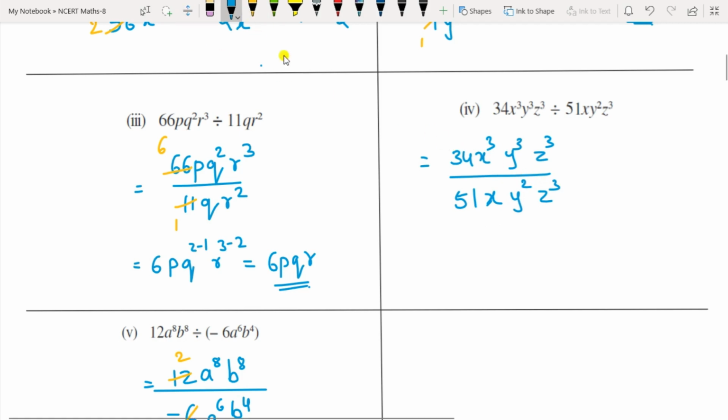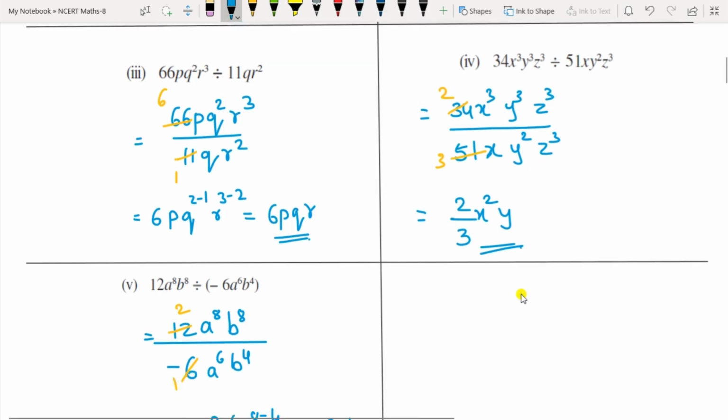Now this goes in the table of what? 34 is 17, so 17 2s are 34 and 17 3s are 51. Now you can write the subtraction of the variables directly, that is 2 upon 3. This will be 3 minus 1 is 2, 3 minus 2 is 1 and 3 minus 3 is 0. So z raised to 0 is 1. So the answer is 2 by 3 x square y.